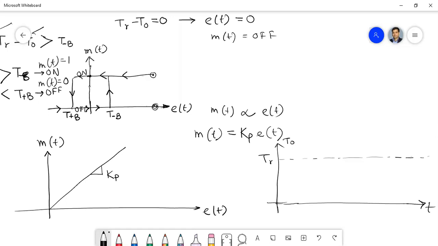Okay, so depending on the Kp value and depending on the process, the response can be an underdamped response. This response can be a critically damped response. Just a minute.